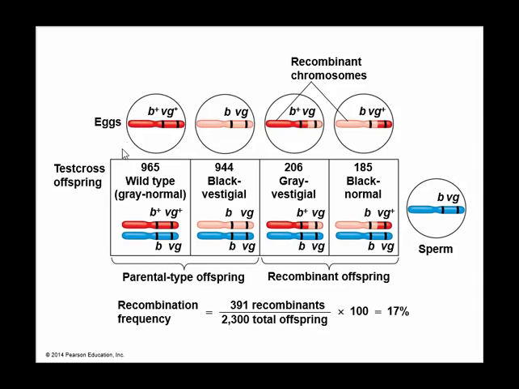And notice that, remember, that ratio didn't come out like we expected, because how often these recombinant types occur is going to depend on how close these genes are together on this particular chromosome. And so we could count them up here, and we get a frequency of 17% of recombinants. And that tells us something about how close these are. And so this allows us to do genetic mapping of where different genes are on chromosomes.